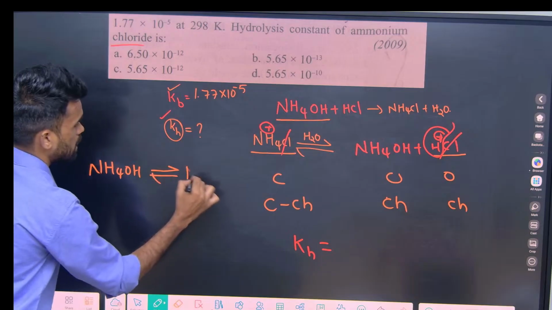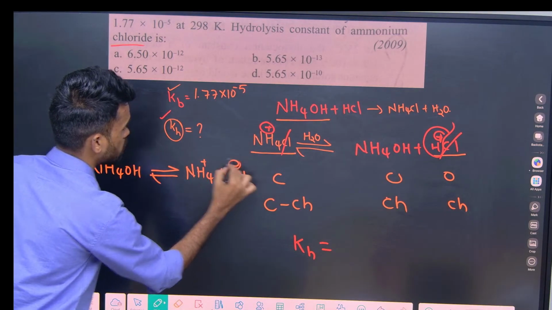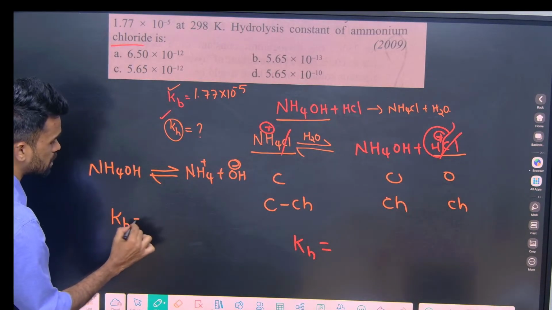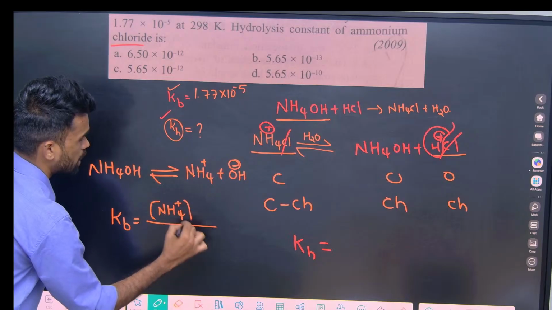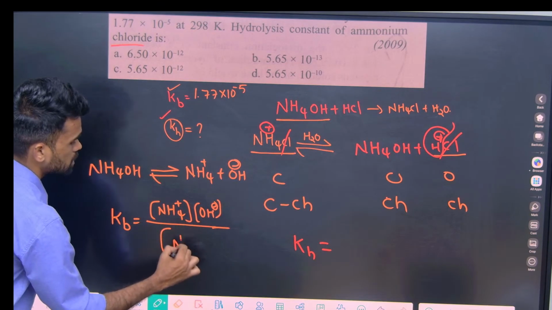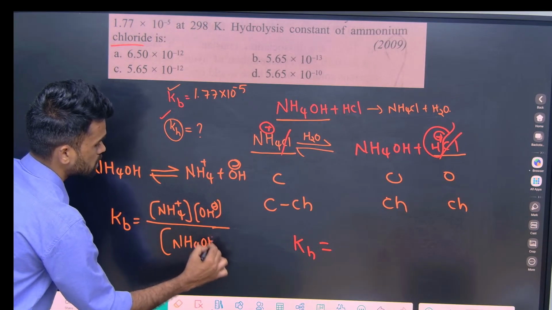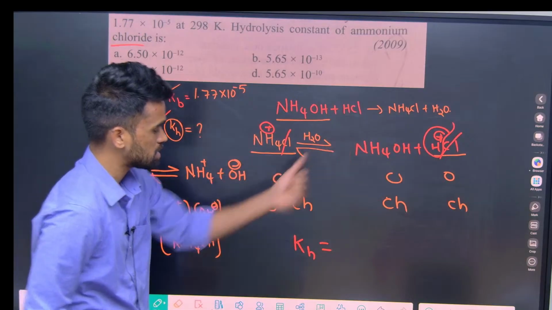Tell me. NH4 plus and OH minus. Okay, so now the base dissociation constant can be written as the concentration of NH4 plus ion and the concentration of OH minus ion divided by the concentration of the base NH4OH. This is the Kb value. Similarly, you tell me for Kh, what are the ions we have here?